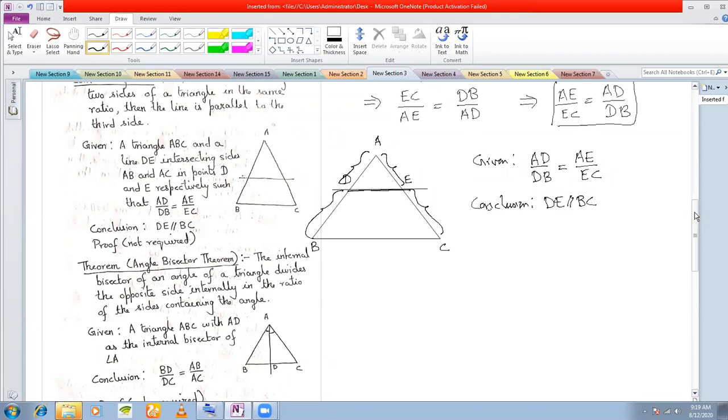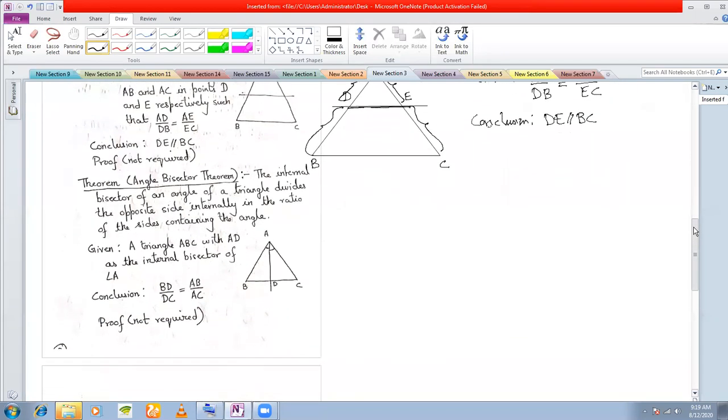Okay. Next, what we discuss is the angle bisector theorem. If you have a triangle in which you have a bisector of this angle, then clearly this angle must be equal to this angle because this line is your bisector.